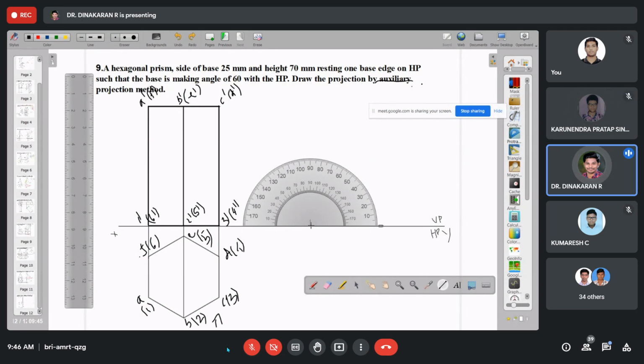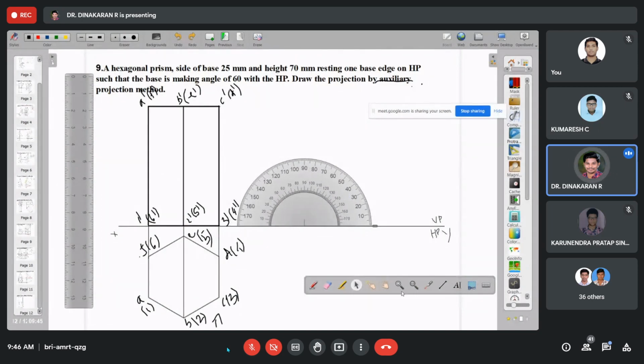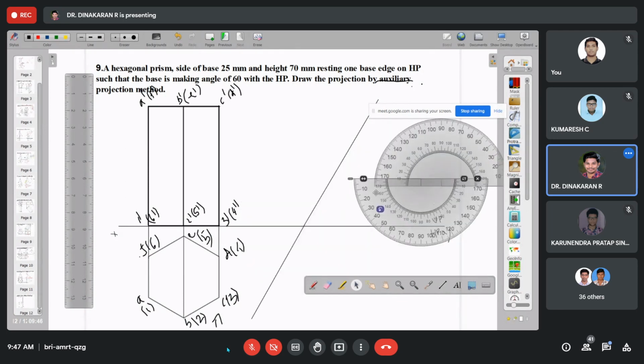Angle is how much given? 60 degree. So you place here a normal reference line at X and Y. While placing, you check the line should not hit this line. Okay. So 60 degree line I drew.